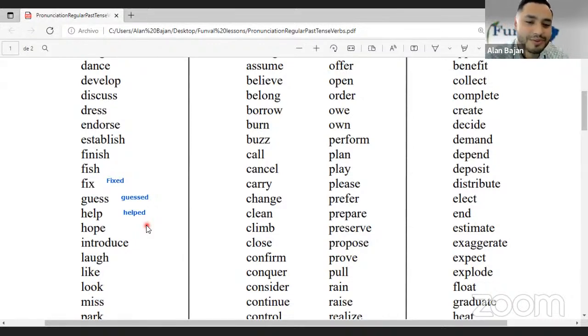And I promise you, I will be very strict on this pronunciation. Practicing like that, verb by verb, is easy.